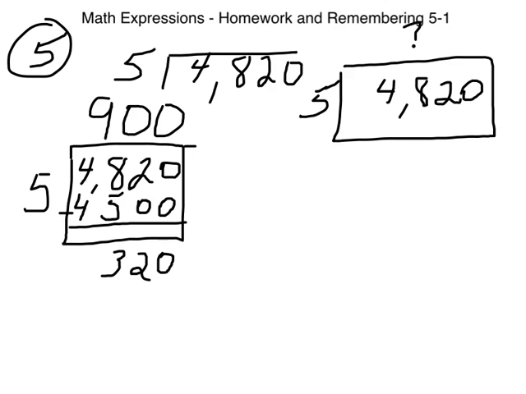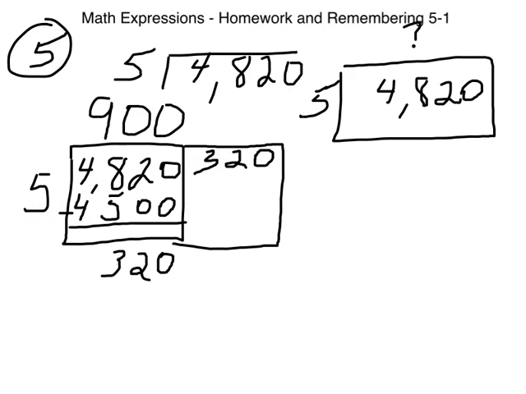So we're going to make another place value section, and we're going to take this remainder, 320, and put it on top in this next box. Same process. We're going to say 5 can go into 320 approximately how many times?